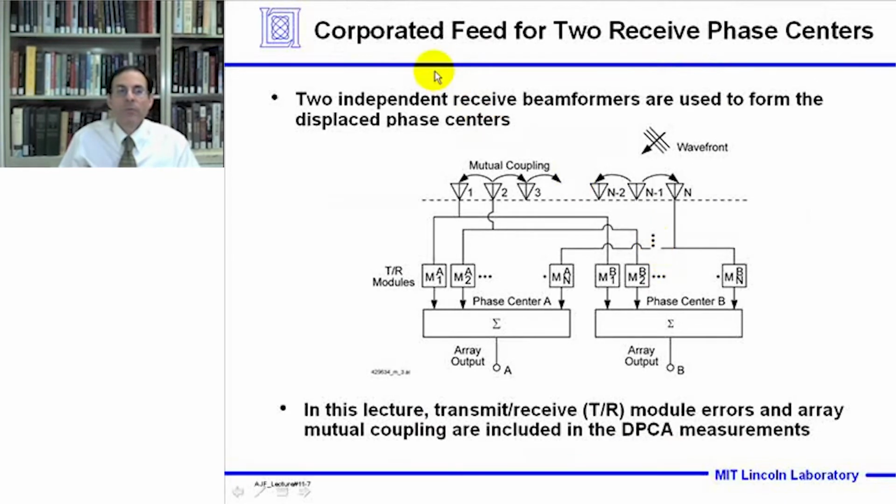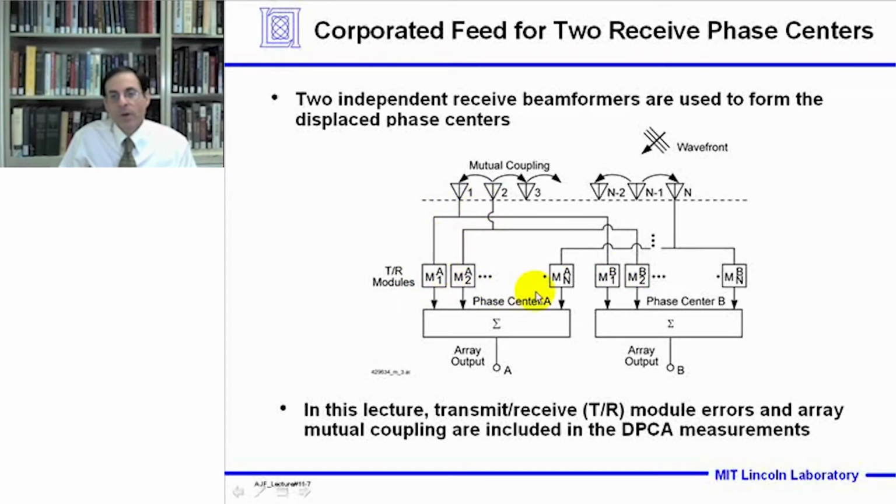Now to implement the DPCA technique, we need a corporate feed with 2 or more receive phase centers. So in the diagram shown here, we've got 2 phase centers denoted A and B. There's a wave front impinging on the array. There are N array elements shown here, and we would allow mutual coupling to exist between the array elements. In lecture 2, we showed that mutual coupling had a large effect on the DPCA performance. Now after the signal is received in each of these antennas, we split the signal 2 ways to the 2 phase centers.